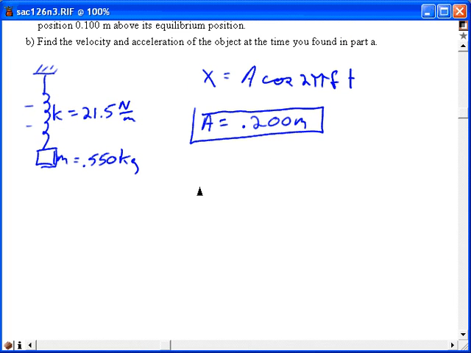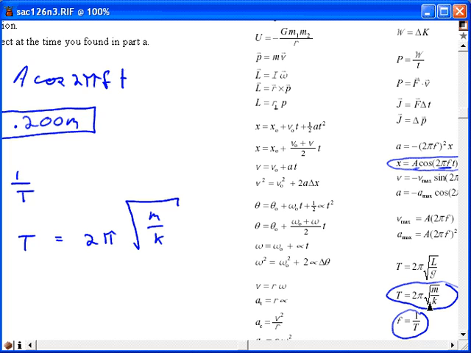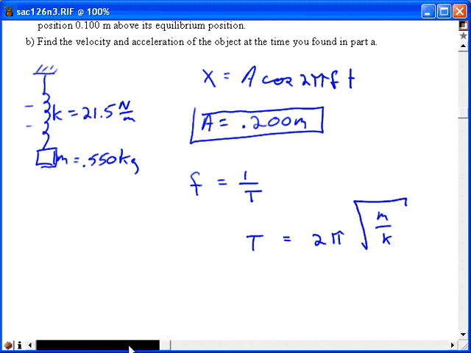So f is equal to 1 over T, where T is 2 pi times the square root of m over k.